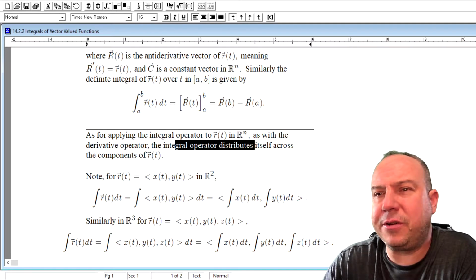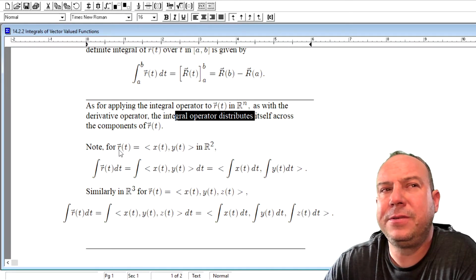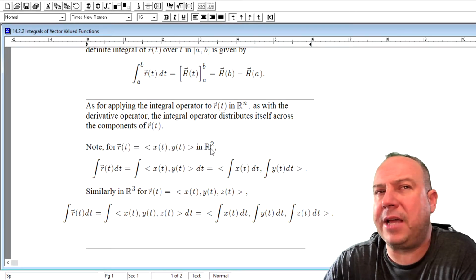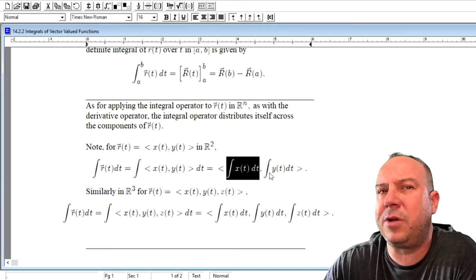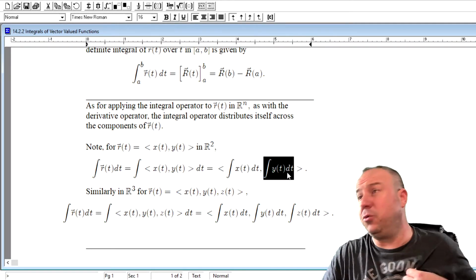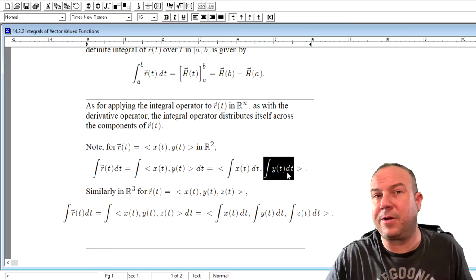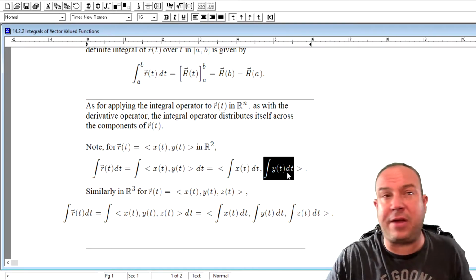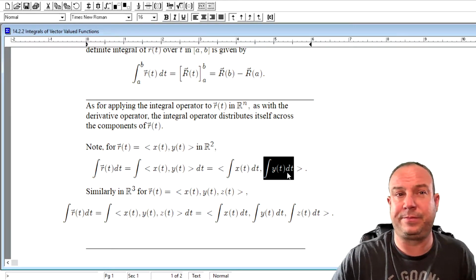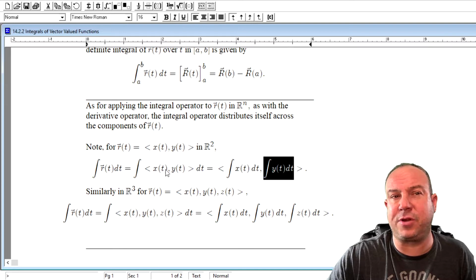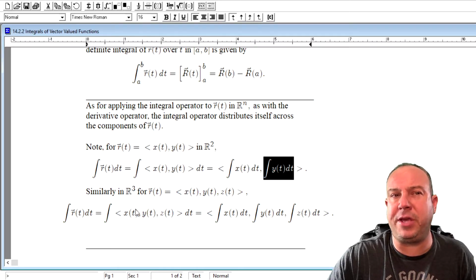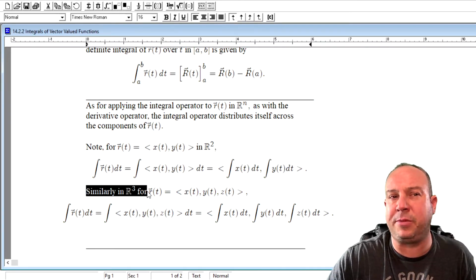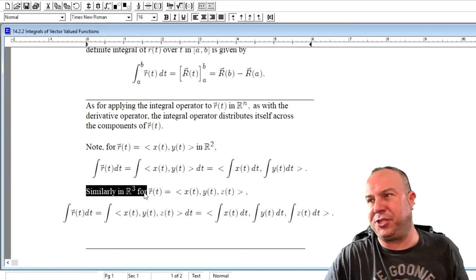If we were to consider the case in 2 dimensions, where r bar of t is equal to x of t comma y of t in our 2-dimensional space, when we apply the indefinite integral operator to that result, that integral operator will just distribute itself across those components. And what you will be left with doing is integrating, right, the scalar value functions found in the components of the vector valued function. Right? This integral operator just distributes itself throughout the components of the integral. And that happens both in 2 dimensions, in 3 dimensions, as we see here in our similar statement, and it happens in n dimensions.